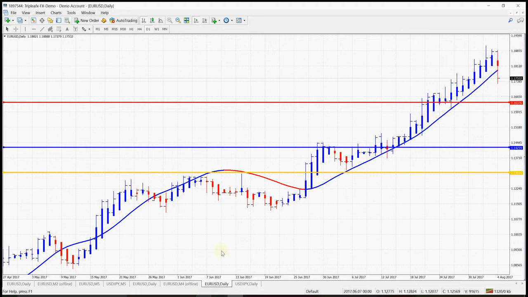So guys, that is the strategy in a nutshell. It is very simple. Watch out for the matching colors. Only trade when the colors match. So you wait for the color to reverse and then match each other again, then you pull the trigger.